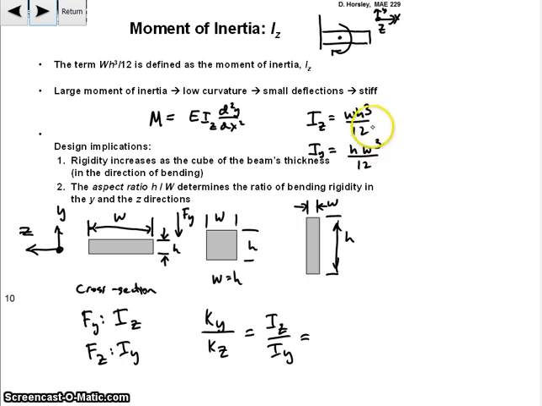If we look at this formula here, we'd see that they're the same, except that we have W H cubed here, and H W cubed in the other one. So we get H over W squared. So the ratio of the stiffnesses in the two axes is the square of the aspect ratio.